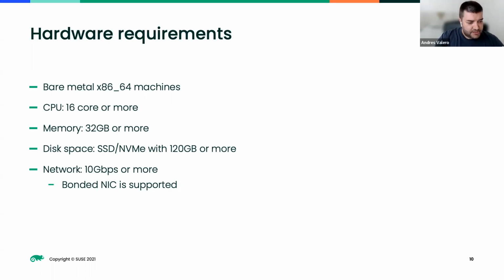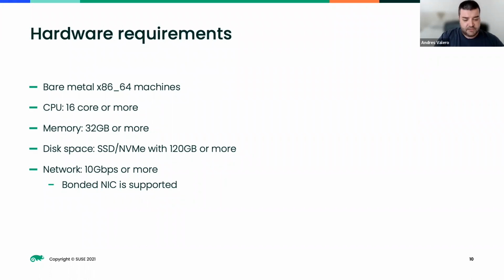Memory, 32 gigs. Important, the disks. You need fast disks if you want good performance. If it's for a lab at home or something, a common SSD disk will be more than enough.